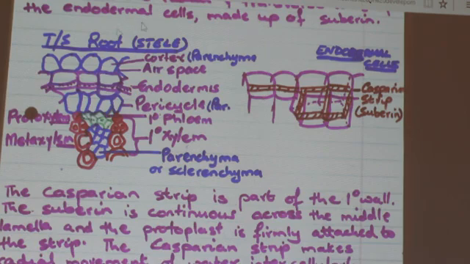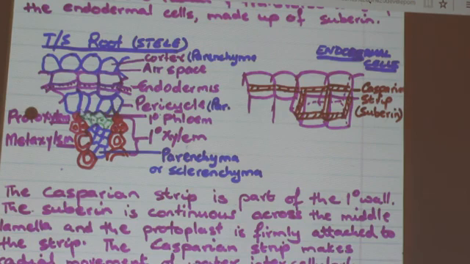This is a transversal section of the root, and it's not the whole of it. We haven't shown the epidermis. We have shown you part of the cortex. The important thing is to show you the location of the endodermis. The endodermis is the last layer of the cortex. Just below the endodermis, you have parenchyma cells.